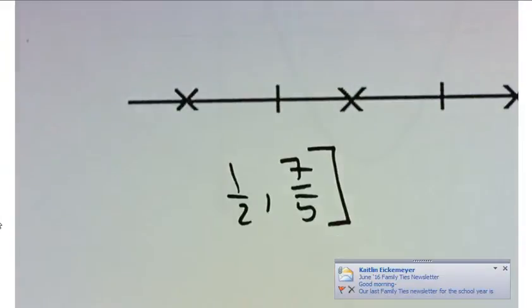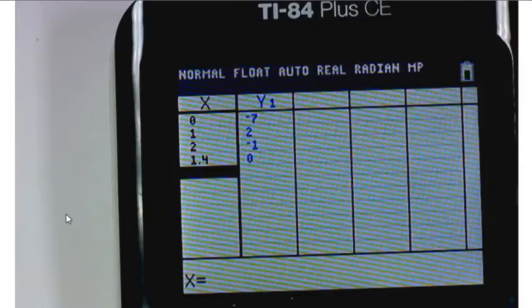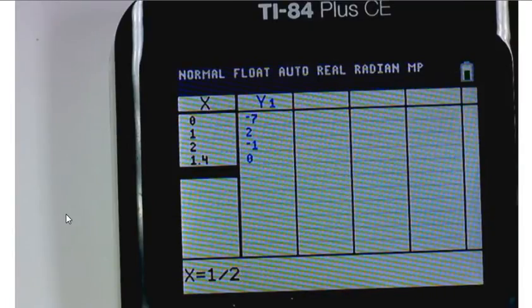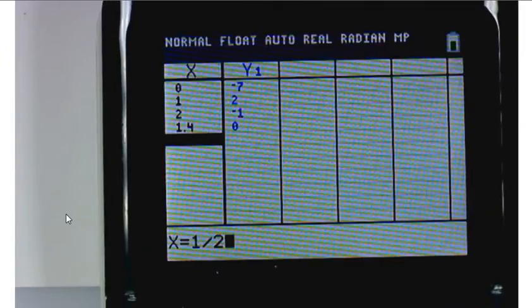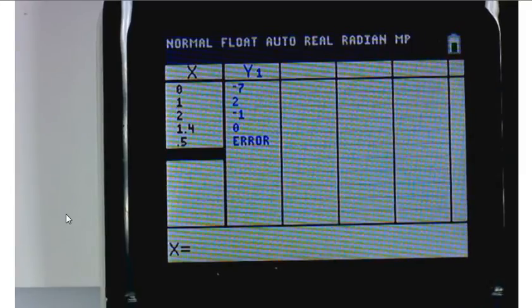Let's take a look at 1/2. Type in 1/2, 1 divided by 2. Or you can type in 0.5. Doesn't matter. What do you get? Error. How are you getting an error? You didn't do anything wrong. Oh, wait. I got an error too. Why am I getting an error?